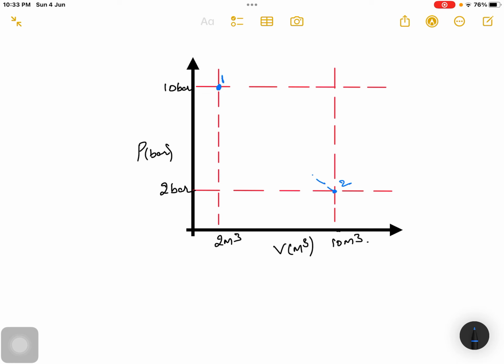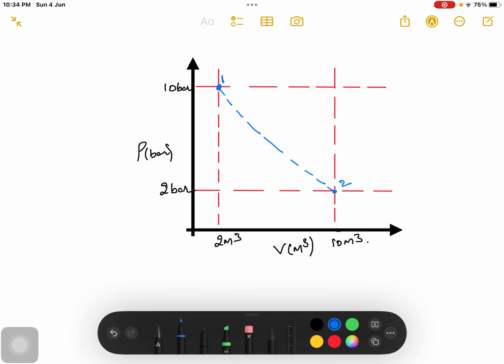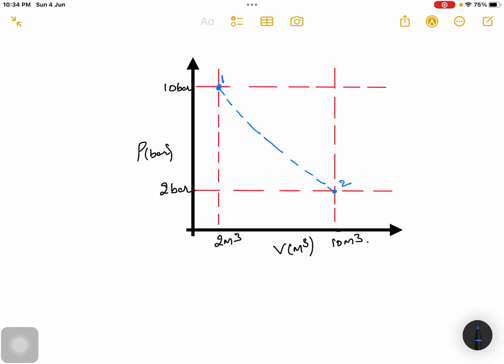So I will represent this non-quasi-static process as dotted lines.